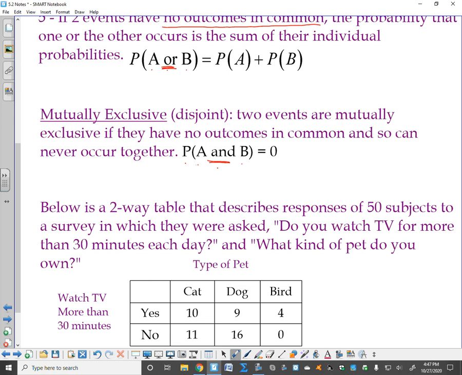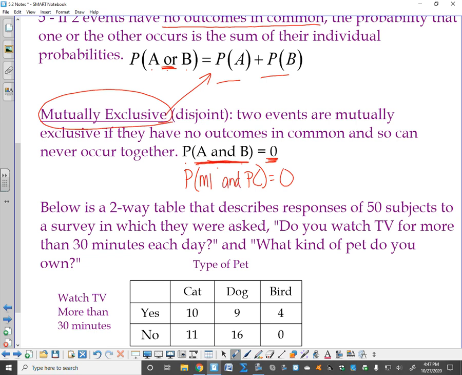If the probability of A and B happening together is 0, then we are mutually exclusive, then we can use that formula. The probability that a Math 1 kid gets an A and a pre-cal kid gets an A is 0, because nobody can be in both those classes. Which means I can use that formula up there.